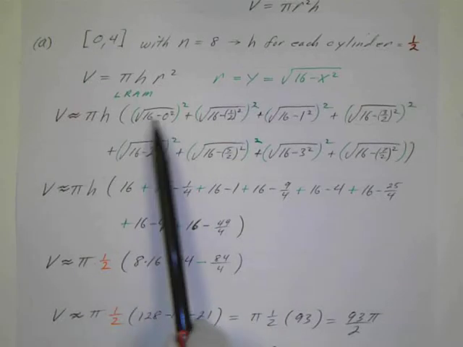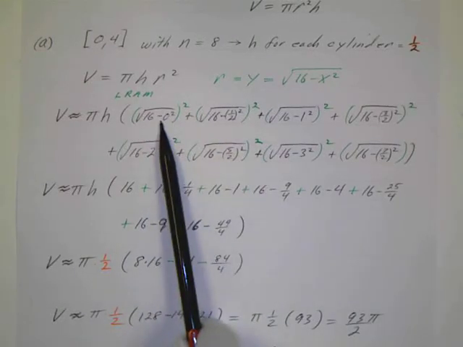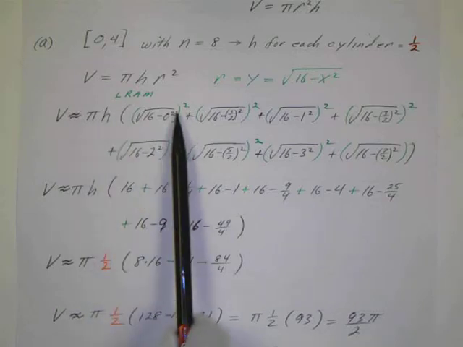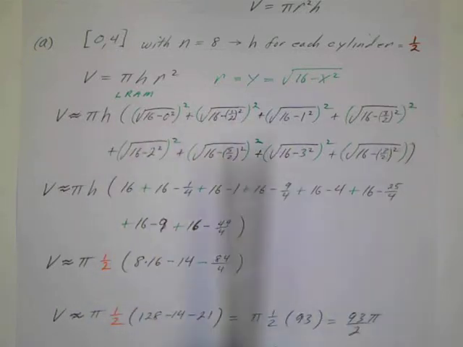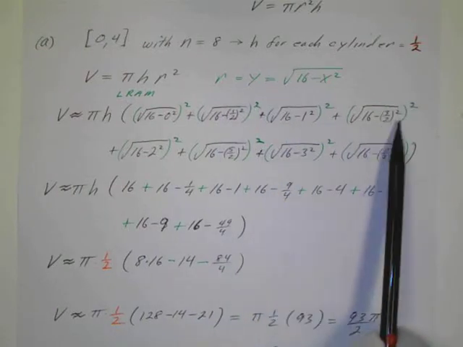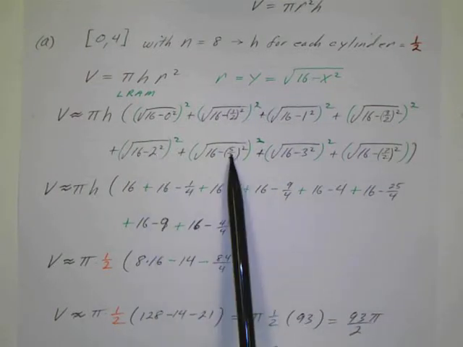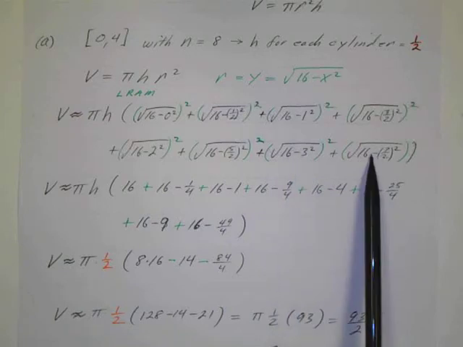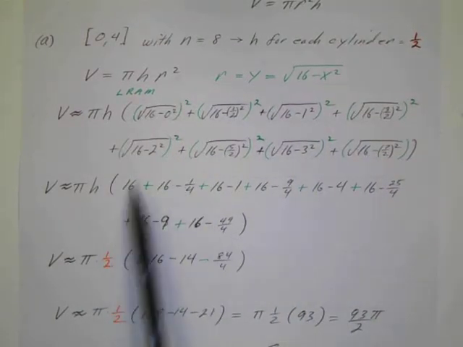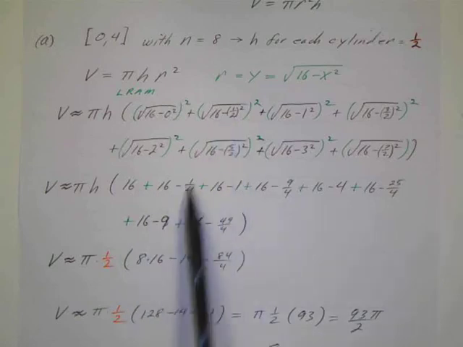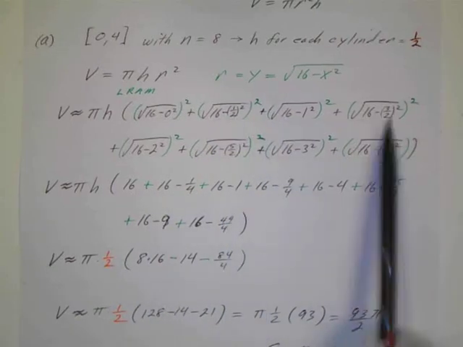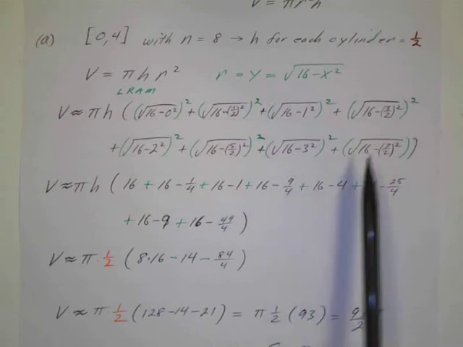Okay? So the square root of 16 minus 0 squared, because it's pi h r squared. So we're going to square all these, so that's nice. So 1/2, 16 minus 1 squared, 16 minus 3 half squared, 16 minus 2 squared, 16 minus 5 half squared, 16 minus 3 squared, 16 minus 7 half squared. But when I square all these, that makes it nice. It's just 16 plus 16 minus 1/2 squared, which is 1/4. 16 minus 1 squared is 1. 16 minus 3 half squared is 9/4.